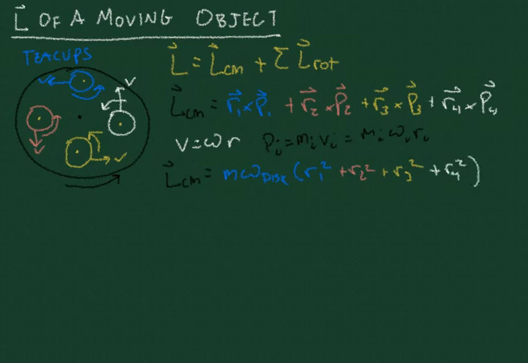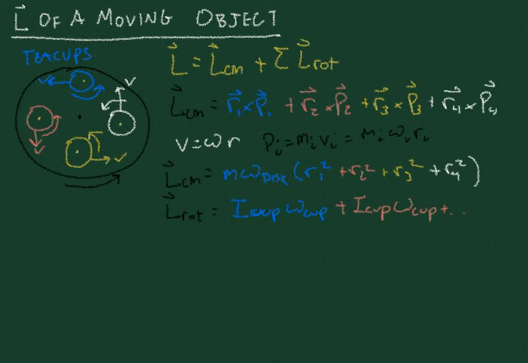Okay, and then the rotational component is just the moment of inertia for a cup times the angular momentum of the cup, and then we would have this for each one: the moment of inertia for a cup, angular momentum for a cup, and the same for the other two components.